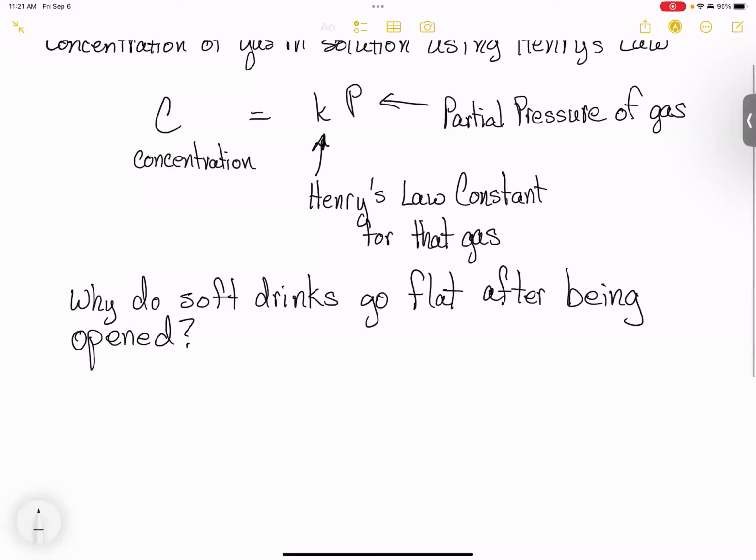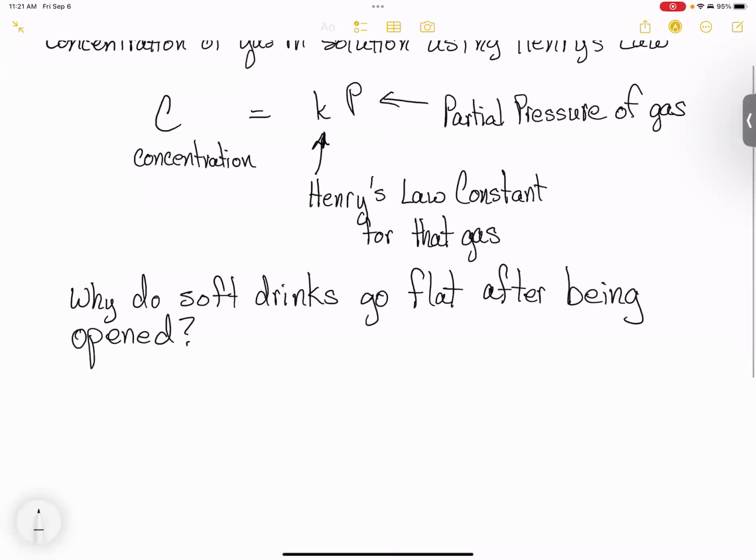Because the pressure is no longer there. Conceptually, once you pop that tab, or once you open the bottle, what do you hear? You hear the sound, which is gas escaping.